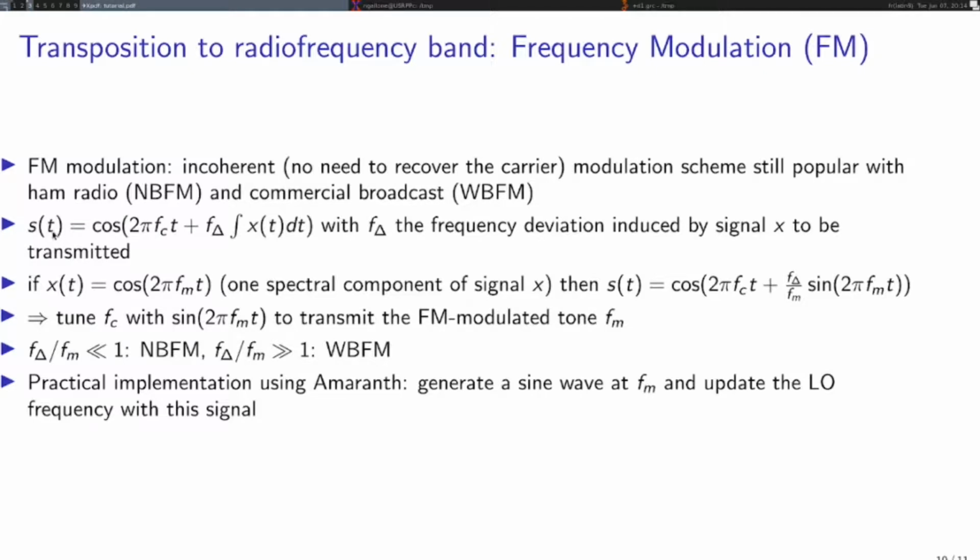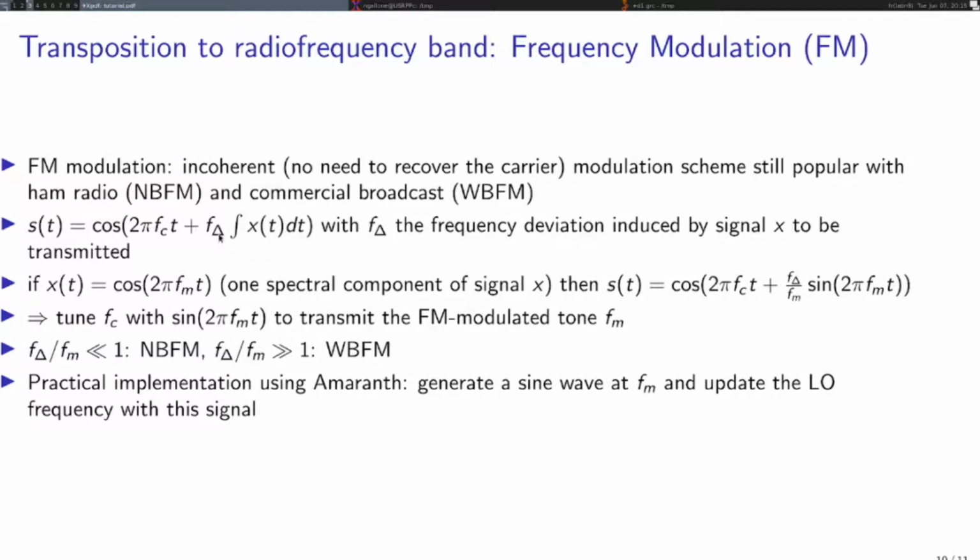Now your signal for FM communication is something like cosine of your carrier frequency plus a frequency excursion times the integral of the signal. Integral because the argument of a trigonometric function is a phase and the integral of a frequency is a phase. So here we get something that looks like what we want to transmit to get a frequency modulated signal with an excursion f delta.